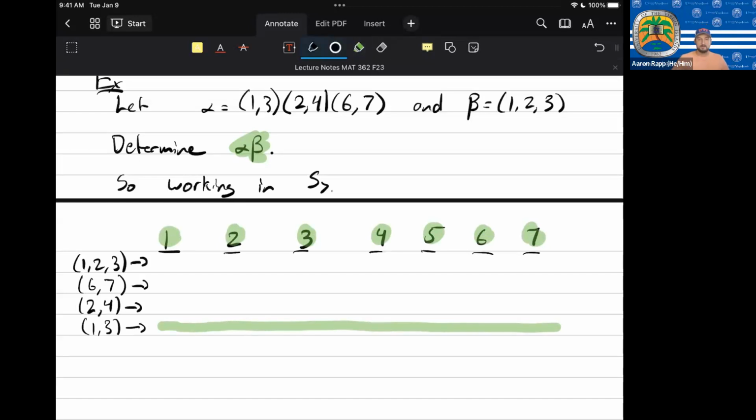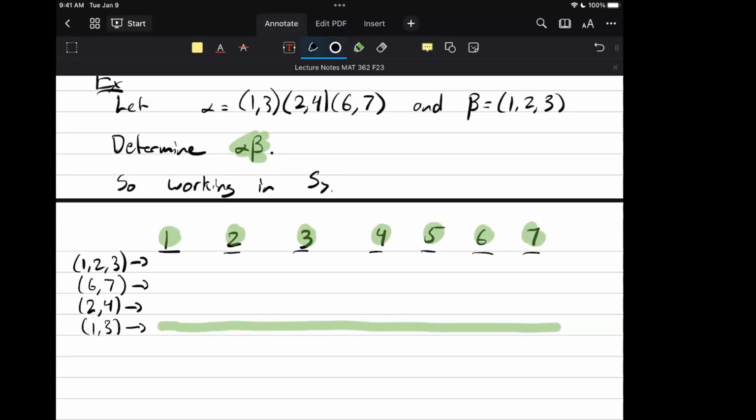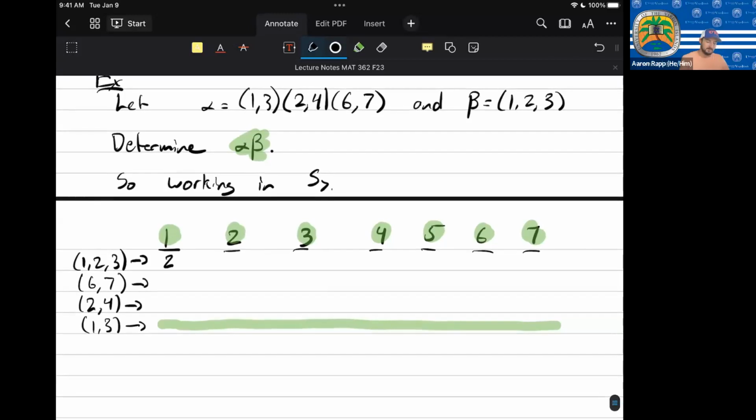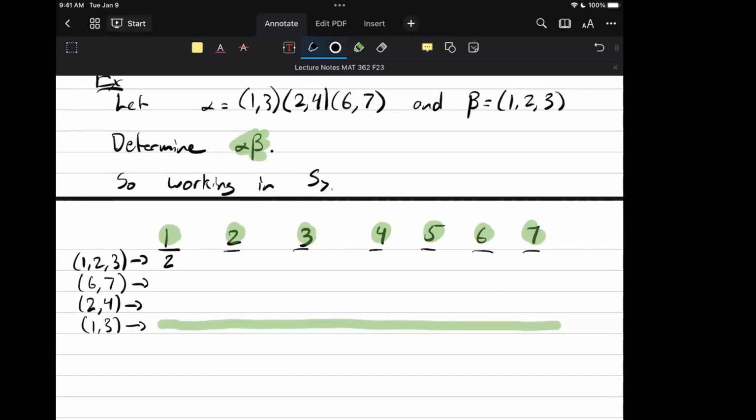So now I just need to start tracking the changes. If I pass 1 through the cycle 1, 2, 3, what is it going to become? 2. Yep, 2. And then I pass 2 through the cycle 6, 7. What is that going to become? 2.